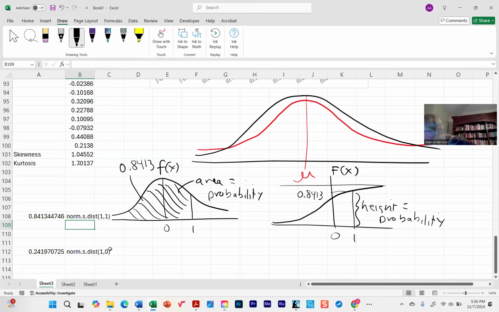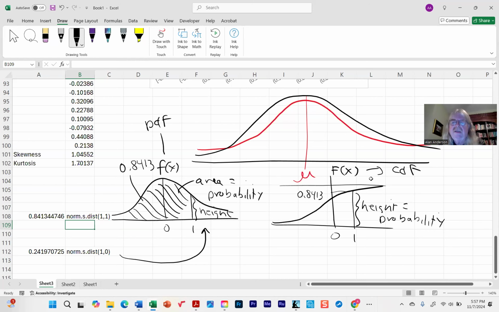Now, this is equal to the height of this curve. This is the kind of thing we don't actually need for what we're about to do. All we care about is the probability, which can be interpreted as either the area below a point under the probability density function or the height of the curve, the so-called CDF.